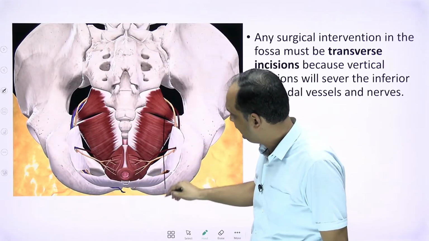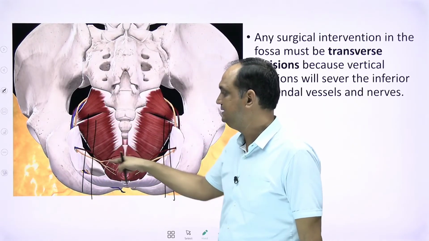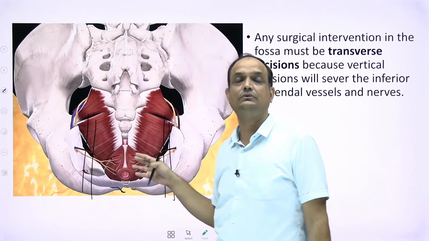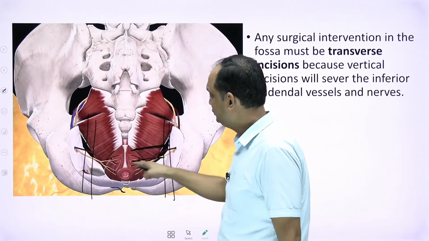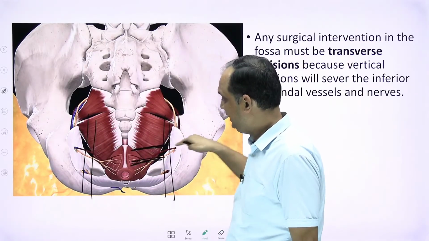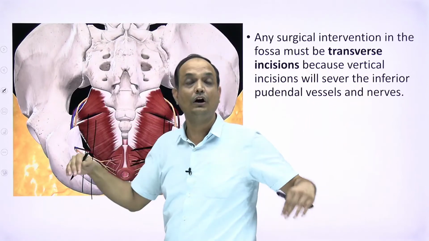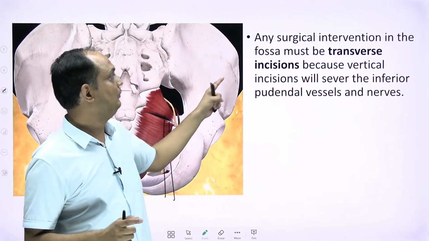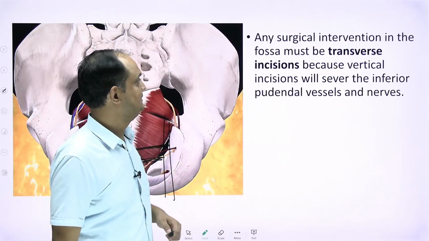If I put a vertical incision in the fossa, I will cut these nerves and arteries. So to avoid any chance of damage, we always prefer horizontal incisions, so that if we make a cut on the fossa, we can prevent injuries of the horizontally placed nerves and vessels. So always avoid vertical incisions in case of perianal abscesses.